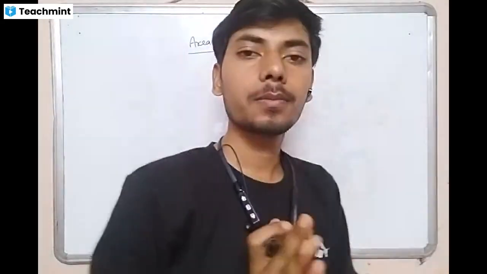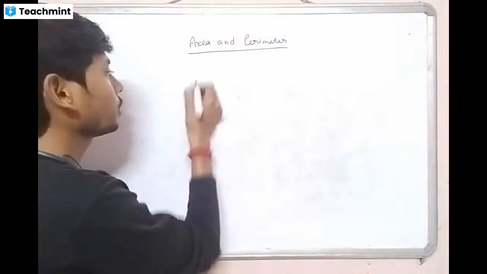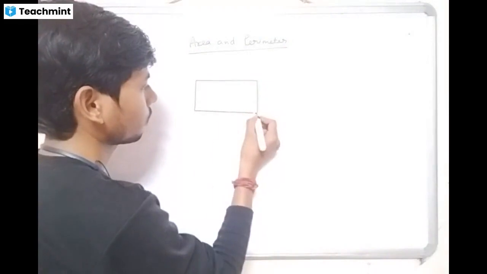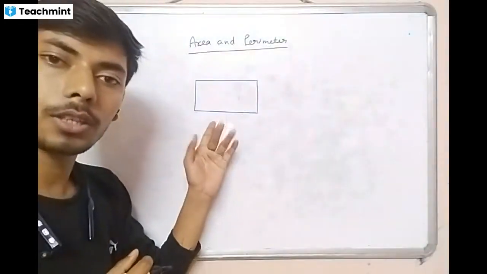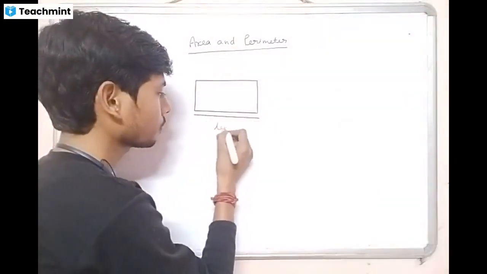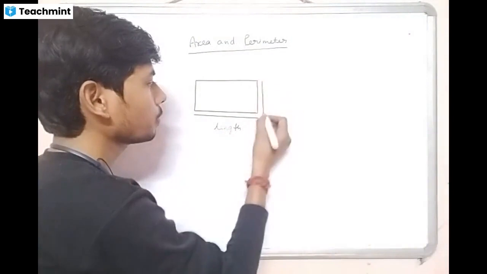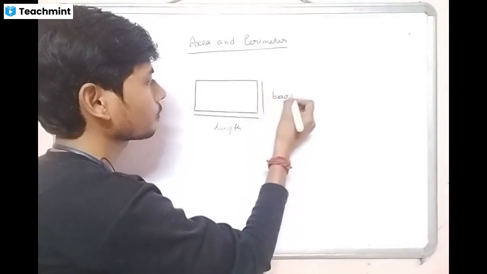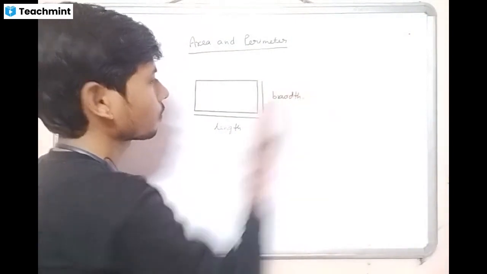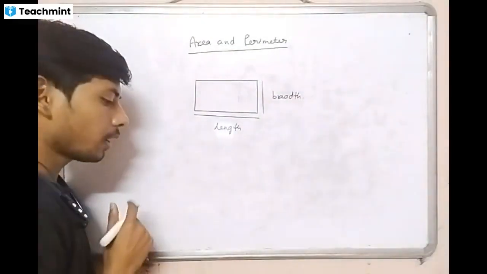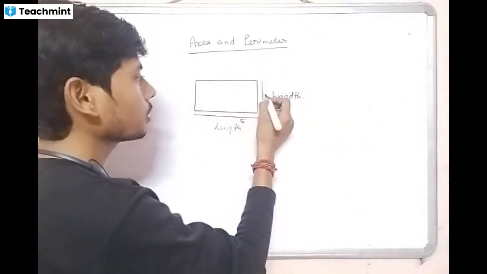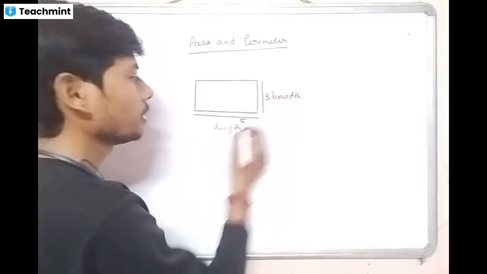Suppose this is your rectangle. In a rectangle, length is greater than breadth. This is your length and this is breadth. Suppose this is 5 meters and this is 3 meters.